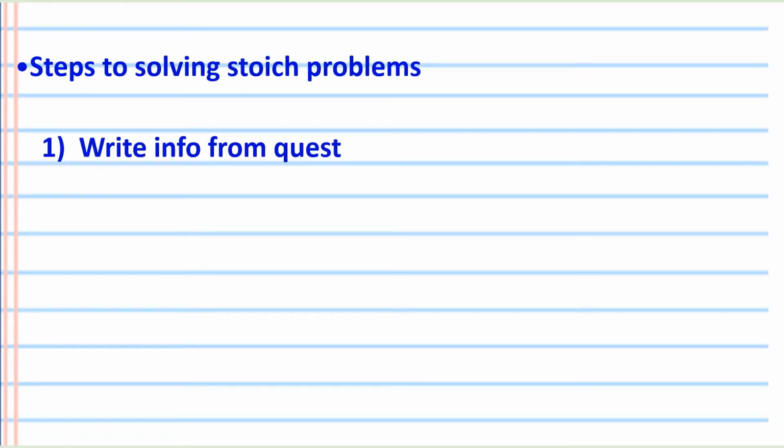Stoichiometry problems can be solved using dimensional analysis or using proportions. In this lesson, I'm going to show you how to solve stoichiometry using the proportion method. The first step is you write the information from the question above the balanced reaction in the appropriate place. So let's see how that would work.